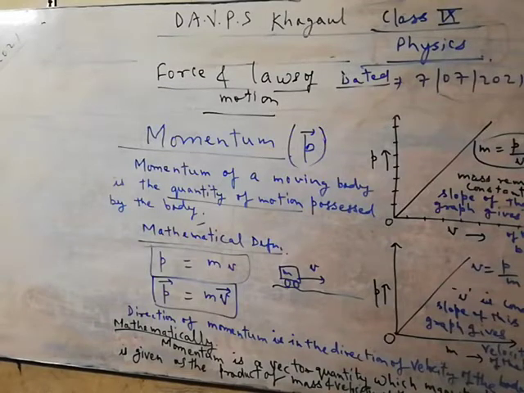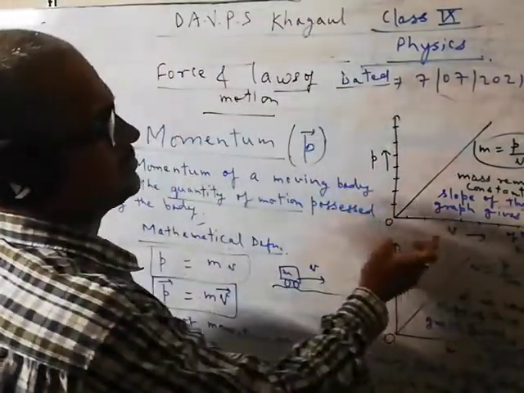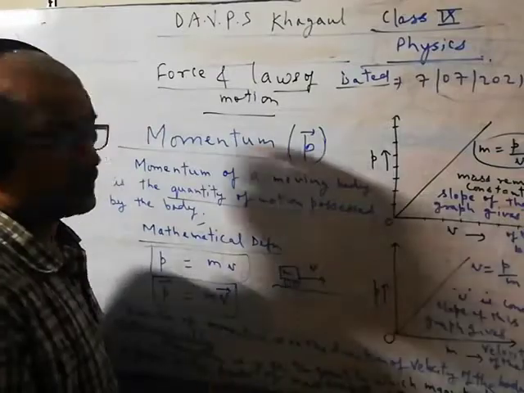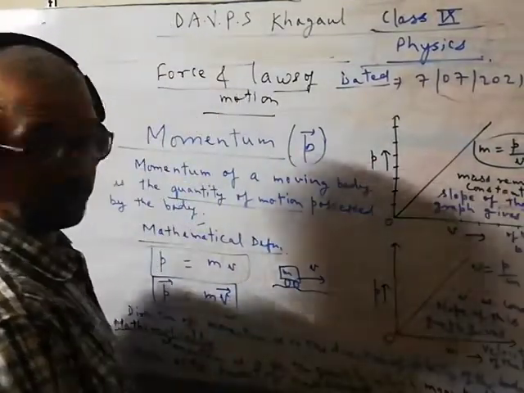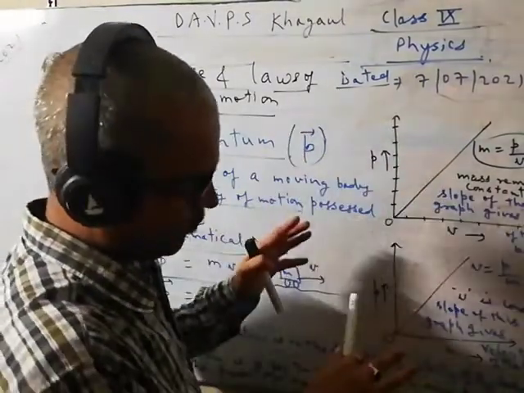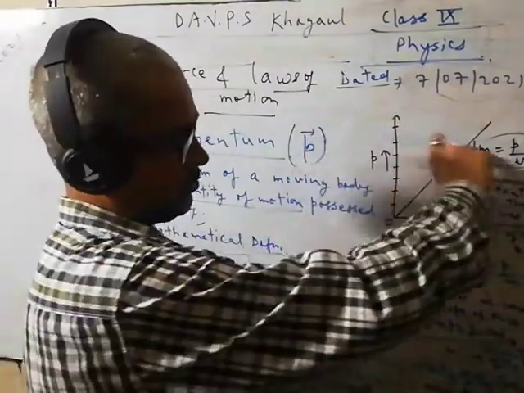In these two graphs, the first is velocity versus momentum and the second graph is mass versus momentum. And slope means what? Perpendicular by base.